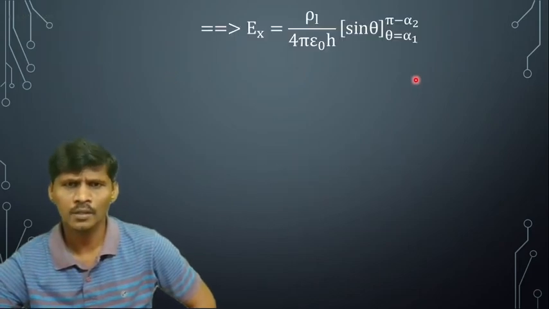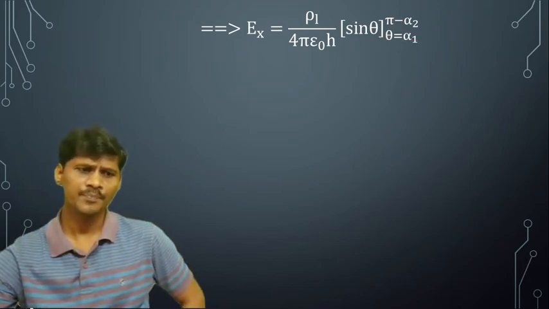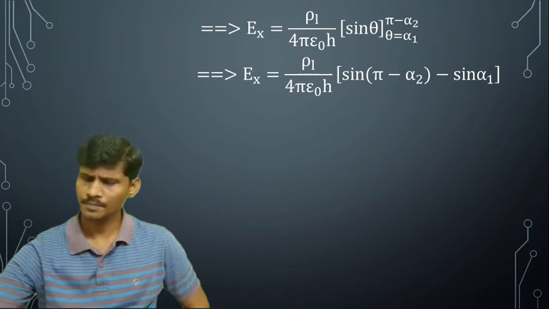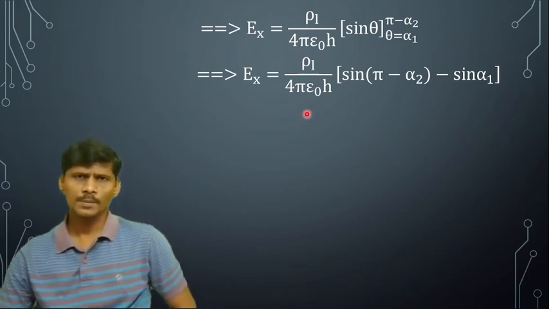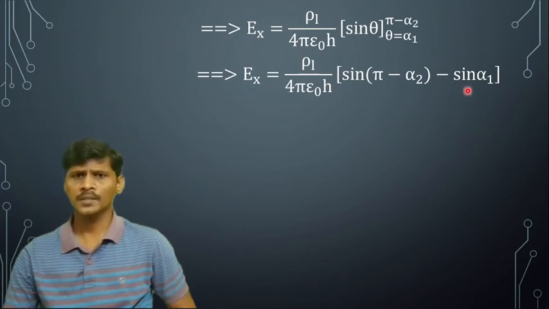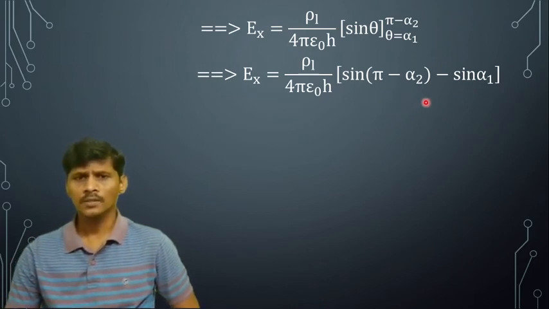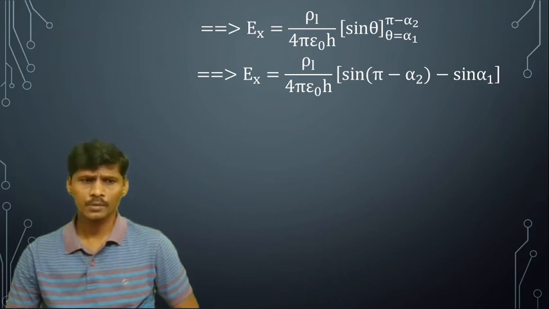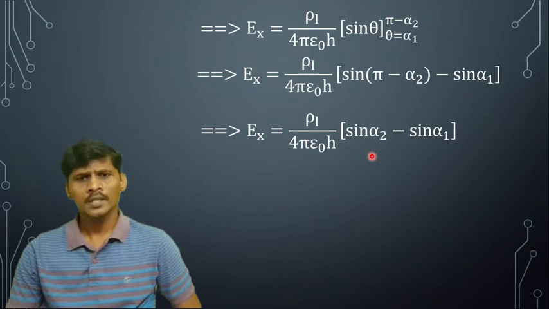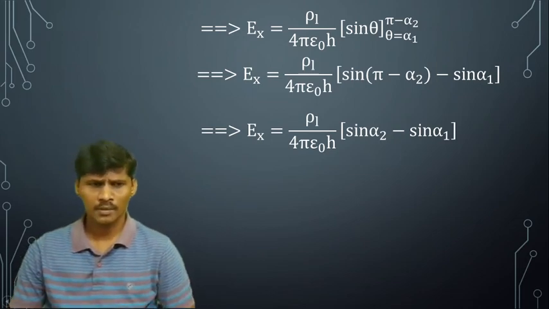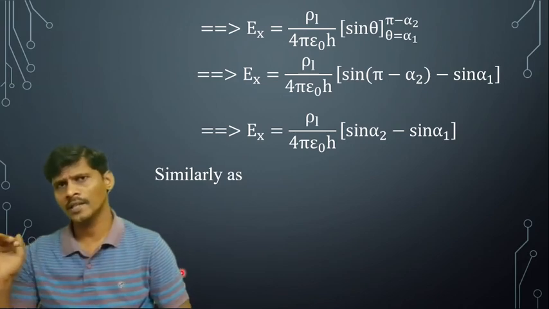Substituting the upper and lower values of theta, we get Ex equals rho l by 4 pi epsilon naught h times sin of pi minus alpha 2 minus sin of alpha 1. Sin of pi minus alpha 2 is sin alpha 2, so we get rho l by 4 pi epsilon naught h times sin alpha 2 minus sin alpha 1. So this is the component of the electric field intensity along the x direction.